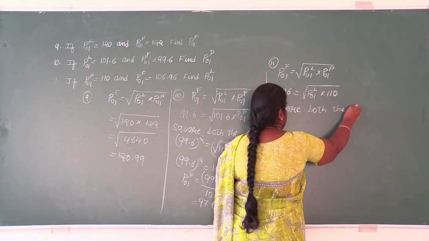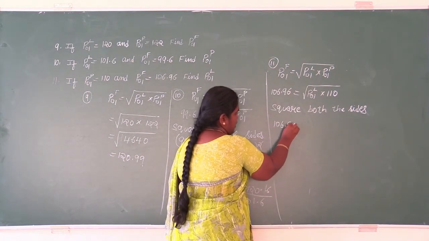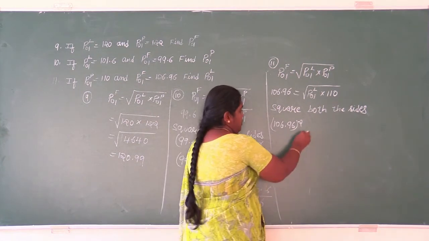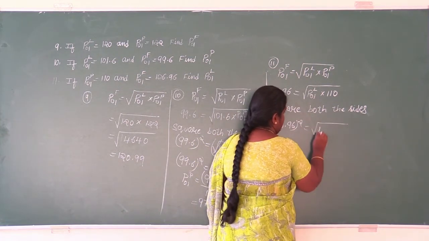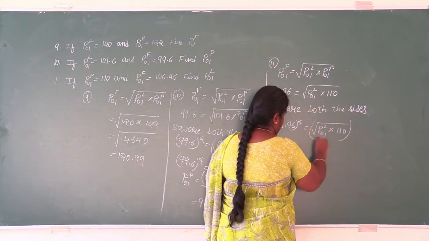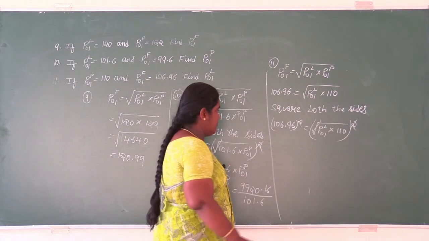Square both the sides. So we'll get 106.96 whole square equals the square root of P01L into 110, whole square. Square and square root will get cancelled.